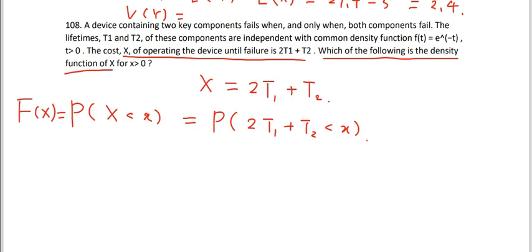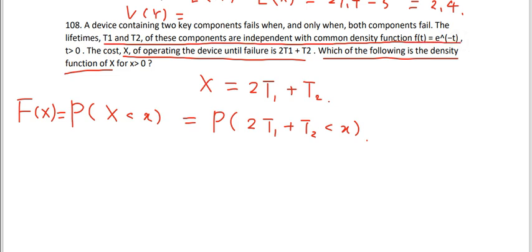So what are t1, t2? The t1, t2 have the density function e to the negative t.